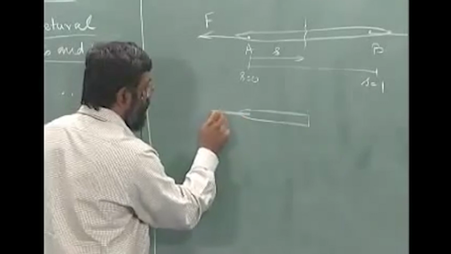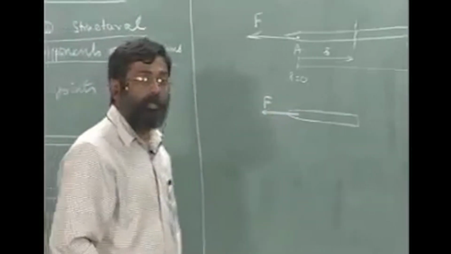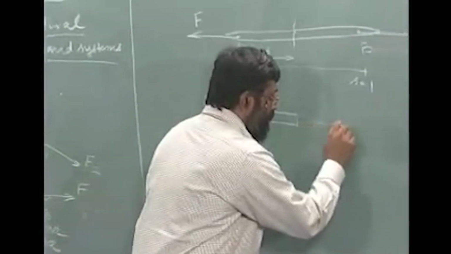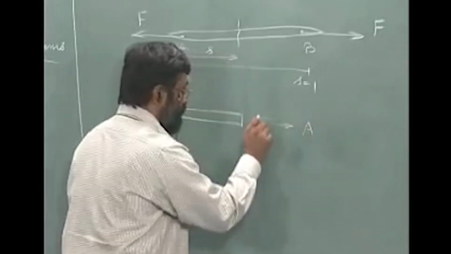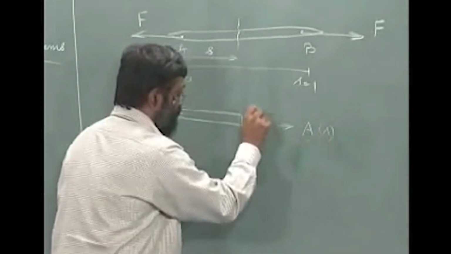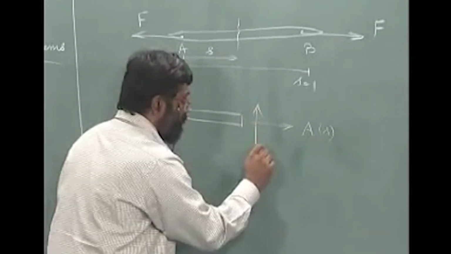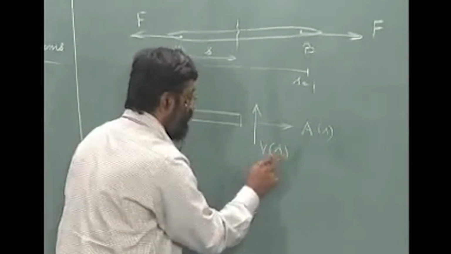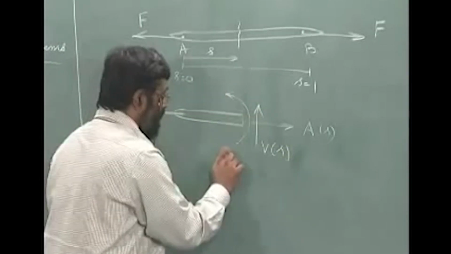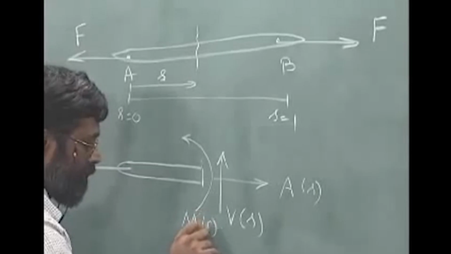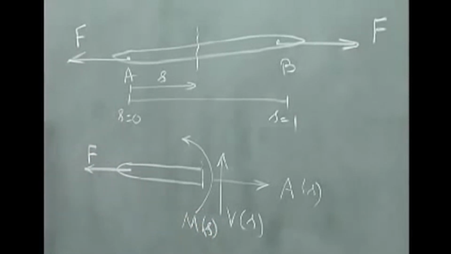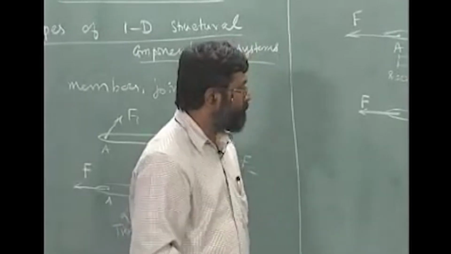This is the force F acting on it. Okay. All the possible ones are axial force A at S, shear force V at S, and bending moment M at S. Now we will use the three equations of equilibrium.